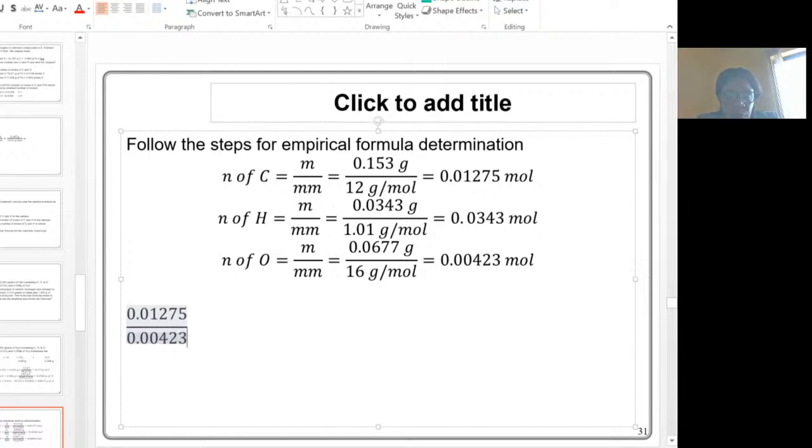And if we do that division, 0.01275 divided by 0.00423, we are getting 3.01. Okay, which is just 3.